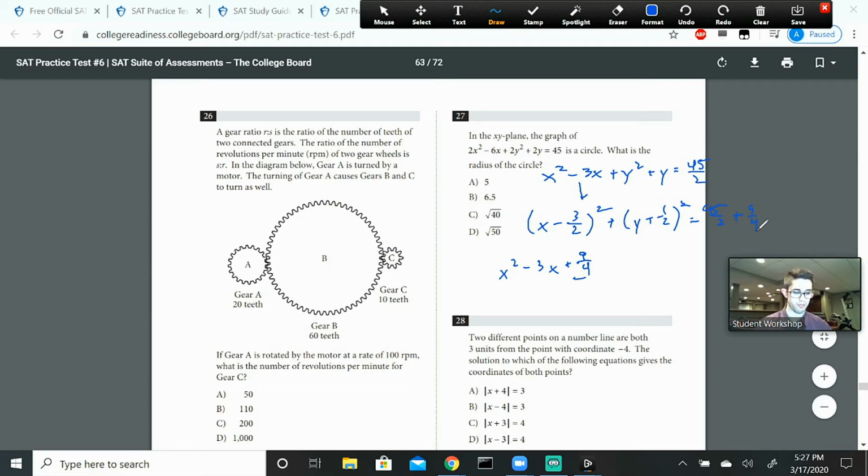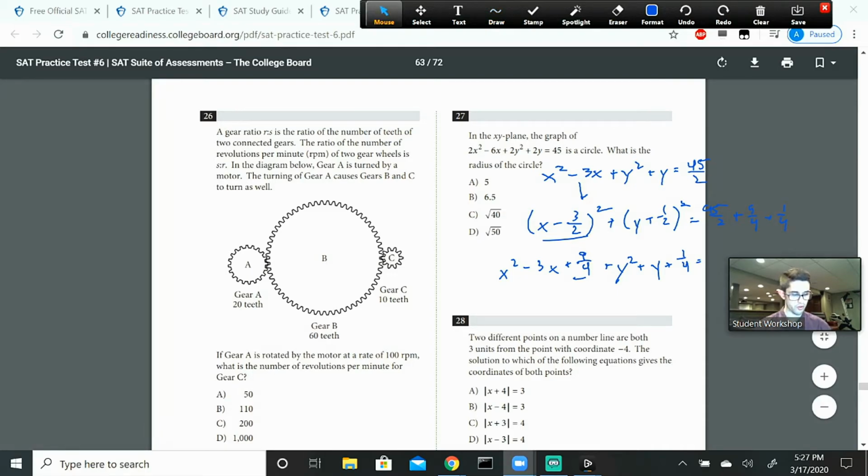So we added our plus 9/4 in order to make the x value of our center look like that, and so we have to add it in on the other side in order to balance our equation. Same thing for our y. We end up with y squared plus y, but we also added in a 1/4, so we have to add in a 1/4 over here.